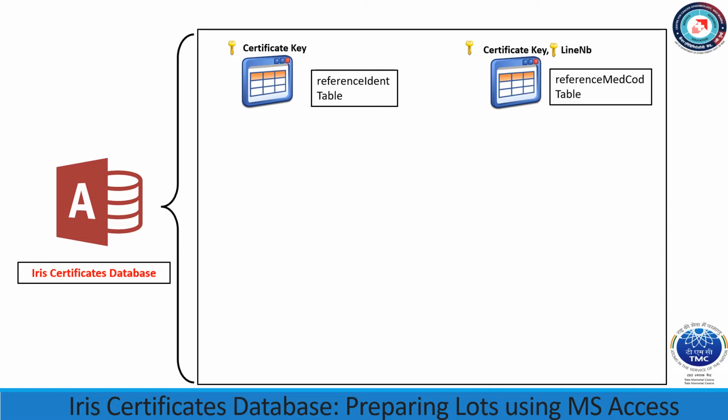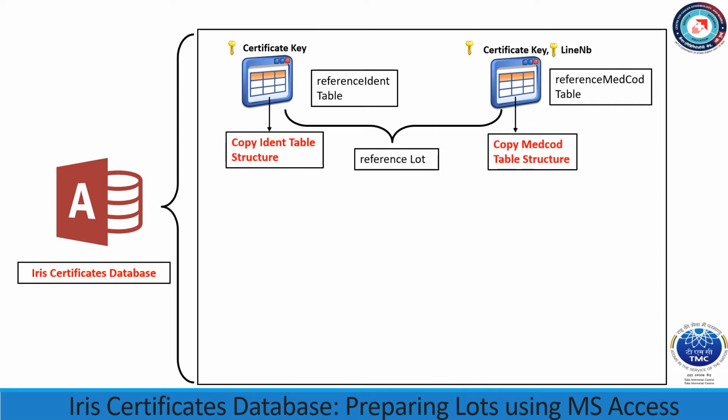Here you can see that the certificate key is the attribute that forms the primary key for the Ident table, namely reference ident, whereas the certificate key and line NB attributes both constitute the primary key for the MedCod table, namely reference medcode, together forming a lot named reference, which is also a predefined lot by Iris in the deployed Iris certificates database. To prepare more such lots, one needs to copy the existing table structures of both Ident and MedCod.